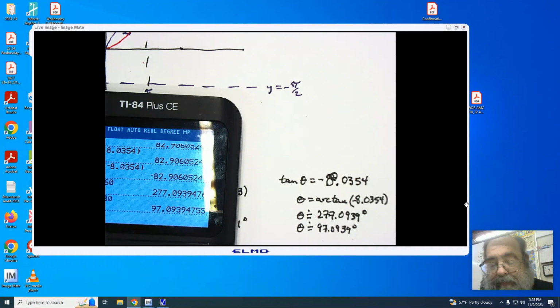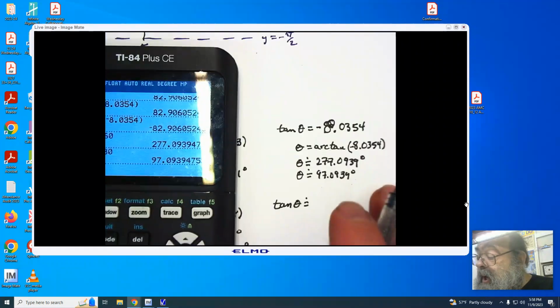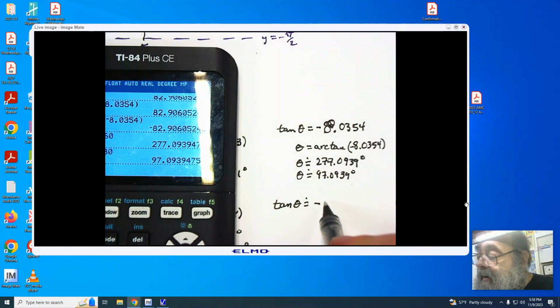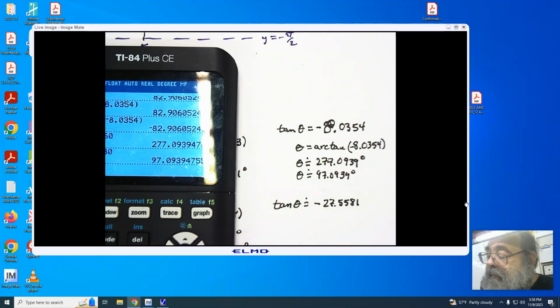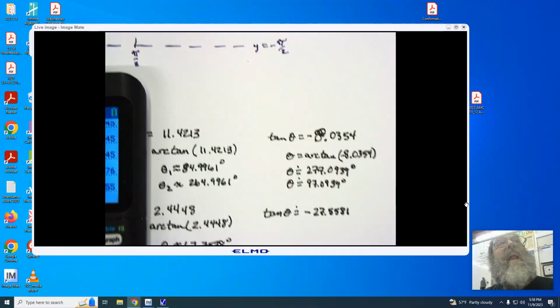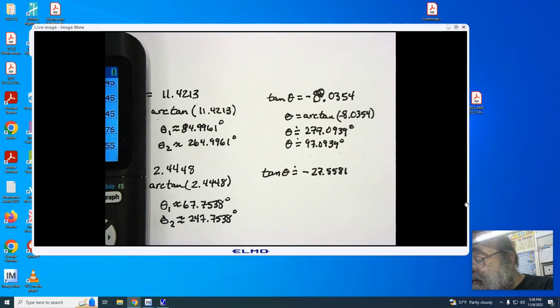Let's do another one. Let's do the tangent of theta, and this will be approximately negative 27.5581. Alrighty, we're going to have to start by making the arc.